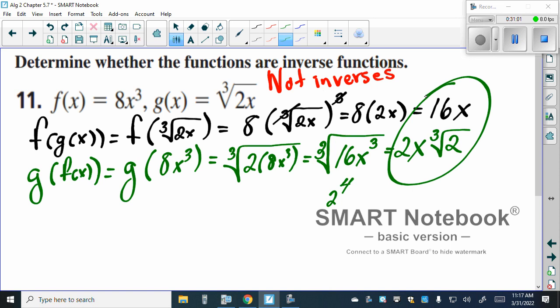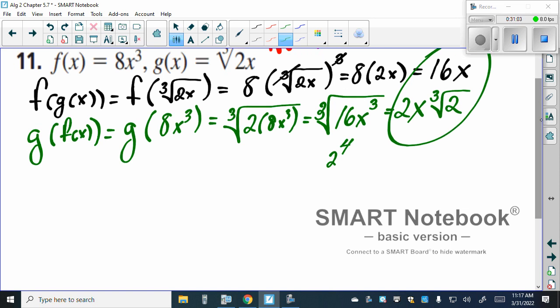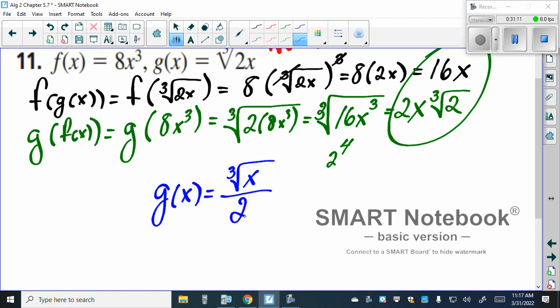These are not inverses. If they were, g of x would actually have to be the cubed root of x over 2. The 2 would need to be outside.